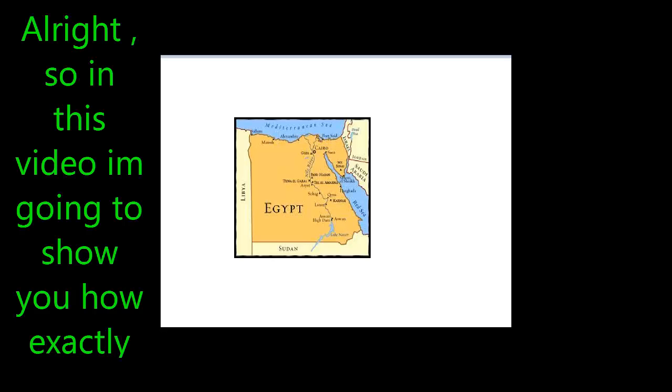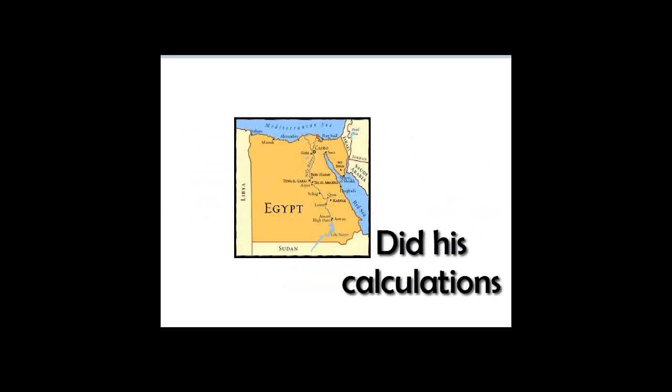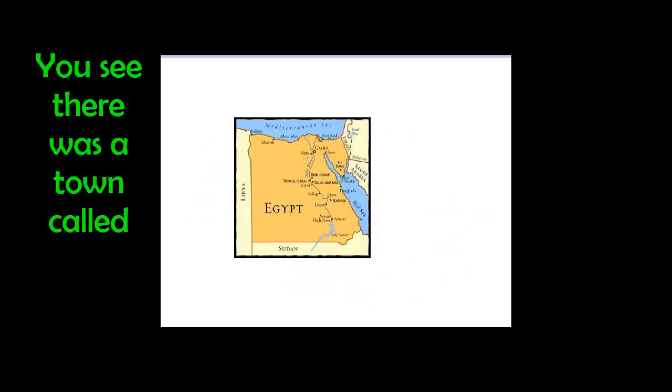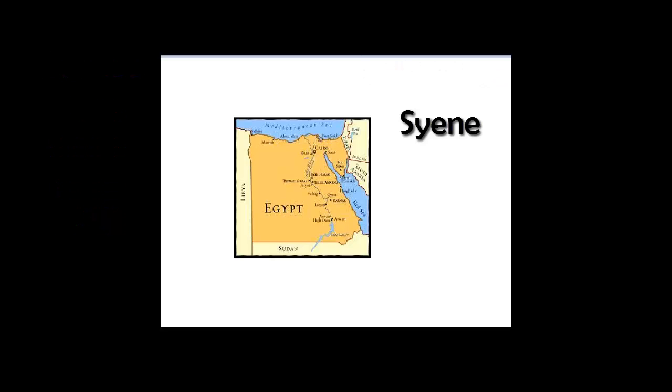Alright, so in this video I'm going to show you all how exactly Eratosthenes did his calculations. You see there was a town called Syene, today called Aswan. It's located right there.